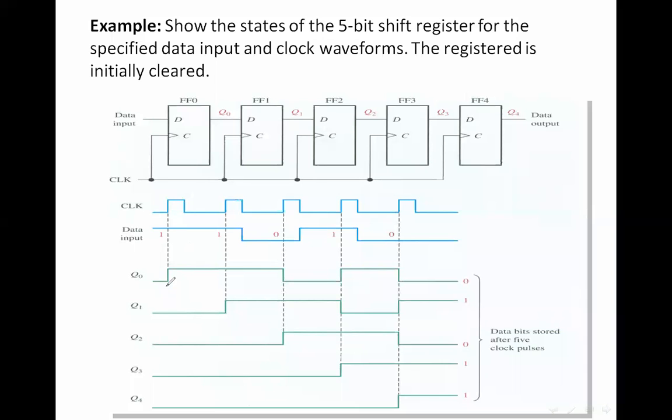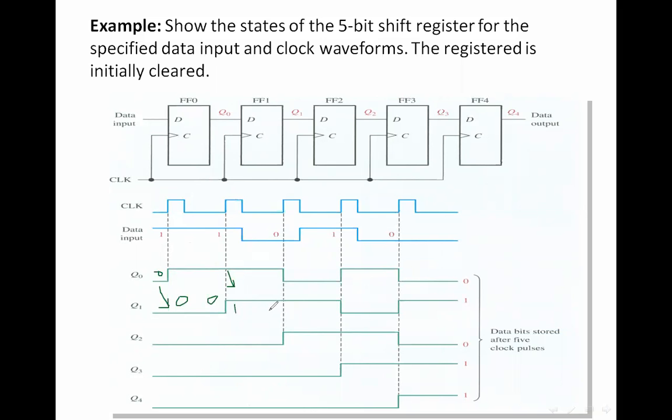So this 0 will continue to be 0 till the next clock pulse. After the next clock pulse, whatever was here in Q0 comes down here.